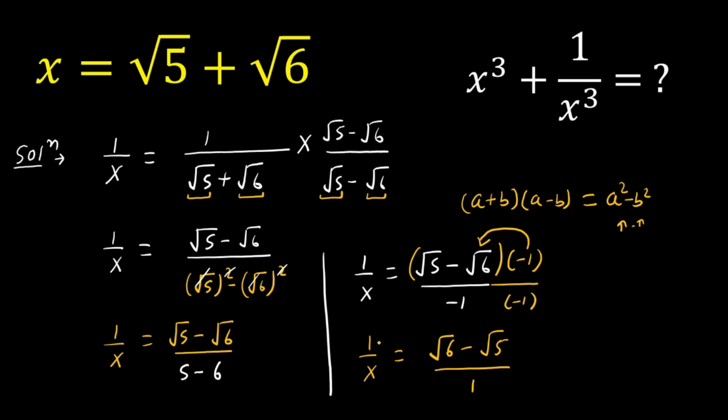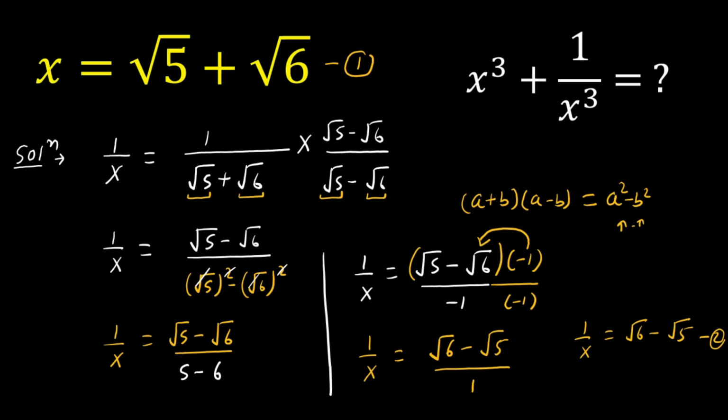So here 1 over x is equal to square root of 6 minus square root of 5. Let us consider the given equation as the first equation and this as the second equation.